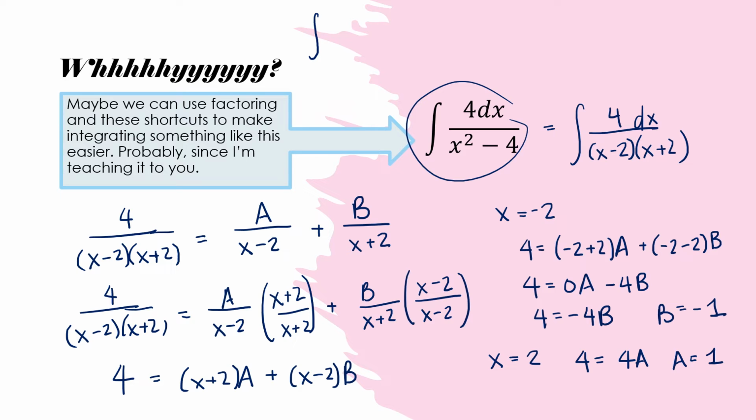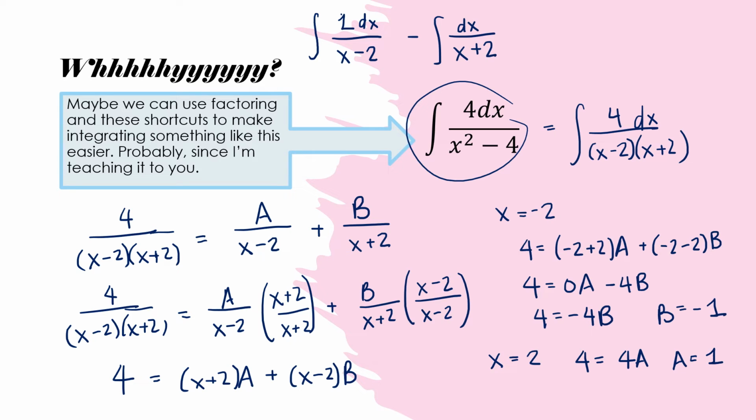I have, sorry, A was 1, so the integral of dx over x minus 2, so rebuilding, and I'm going to kick out that negative because B is negative 1. I'll have a minus instead of plus the integral dx over x plus 2.